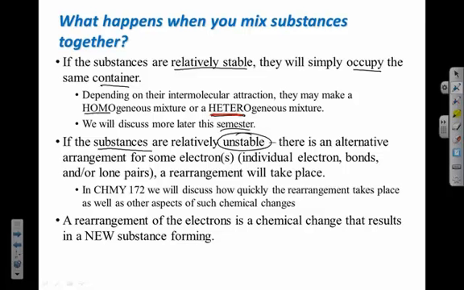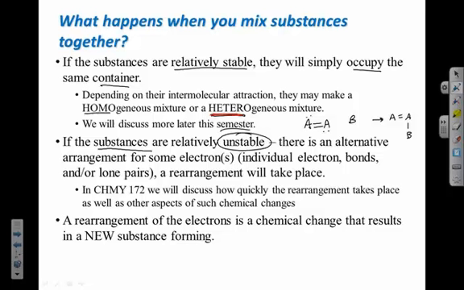Or maybe it looks totally stable, with substance A having its electrons arranged around it in a certain way with certain bonds, and substance B is perfectly stable too. But maybe when they mix together, there's a slightly more stable way to arrange the electrons and the atoms together. So maybe if B comes in here and joins in, then it's just slightly more stable.